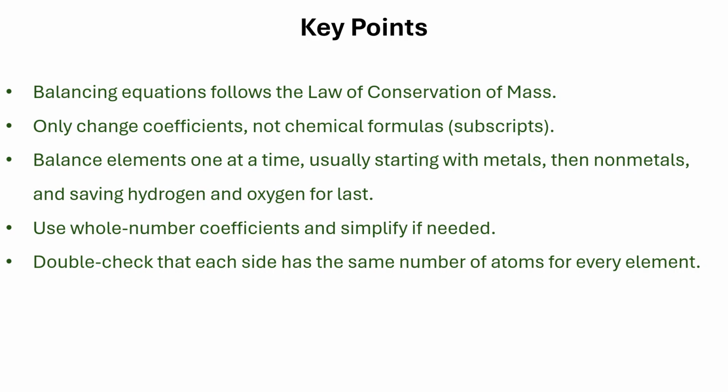Therefore, do not touch the subscript. Balance one element at a time. Usually start with metals, then non-metals, saving hydrogen and oxygen for last. Use whole number coefficients and simplify if needed. We always need to double check that each side has the same number of atoms for every element.